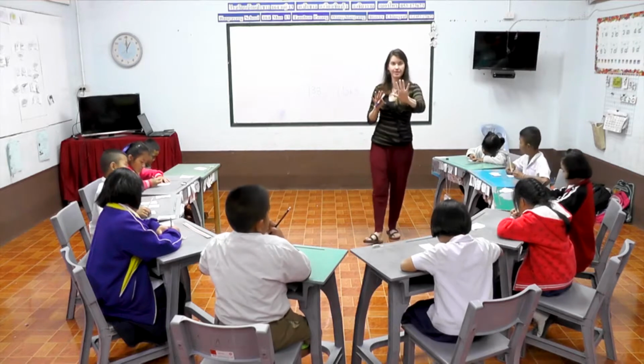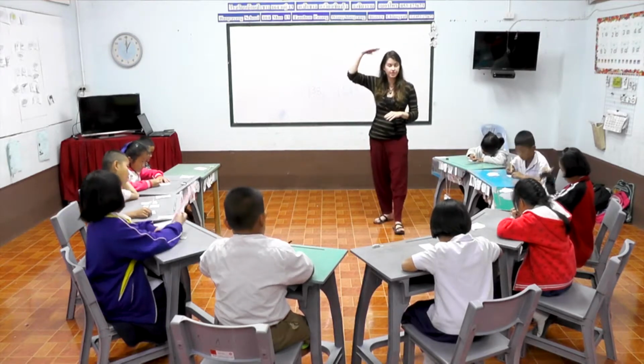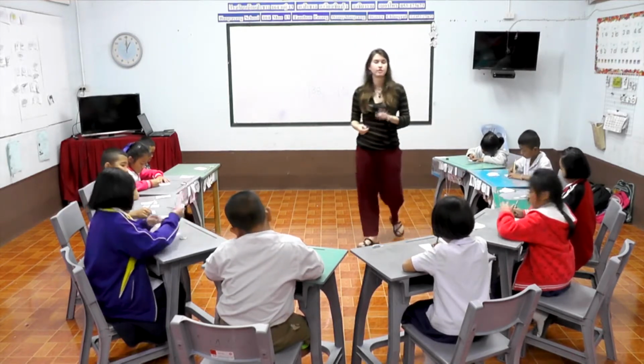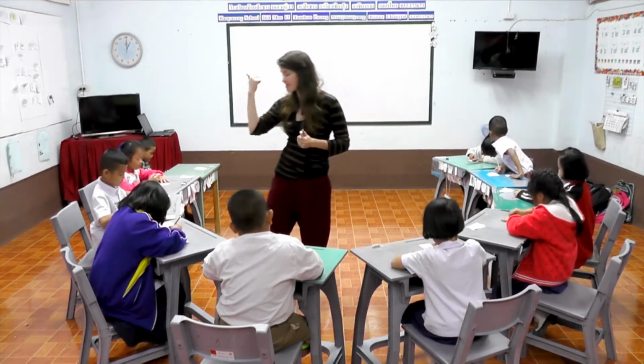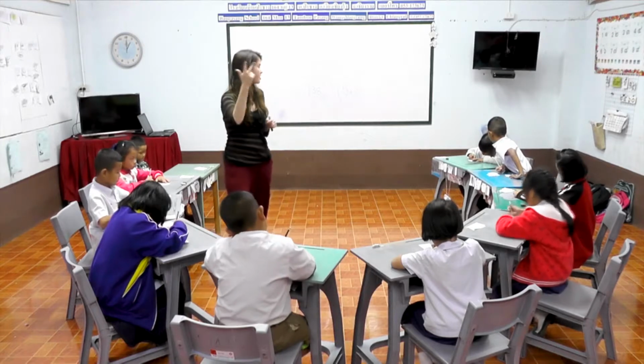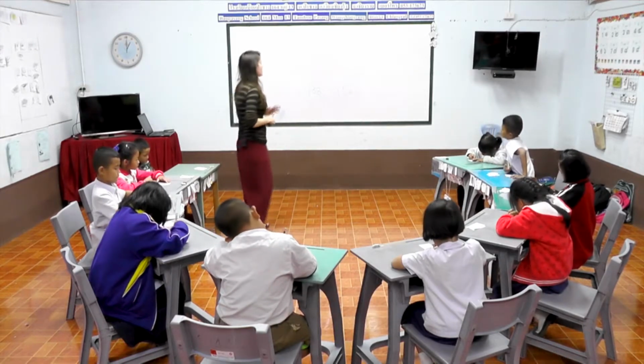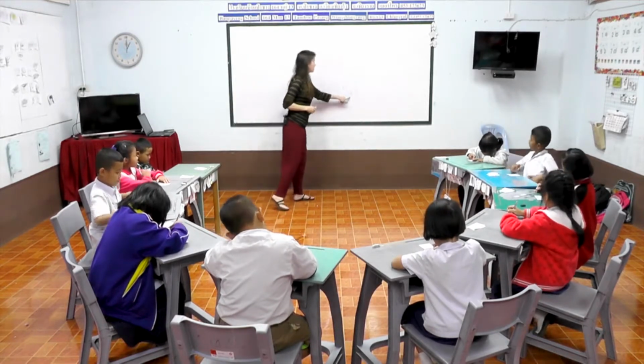We want to stop right there because if we go to 42, that's too high. So we're going to stop at 35 and we're going to count by ones, 36, 37, 38. So that's how we get 5 with a remainder of 3.